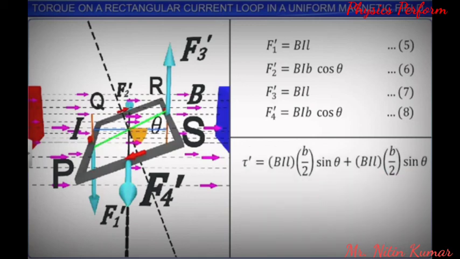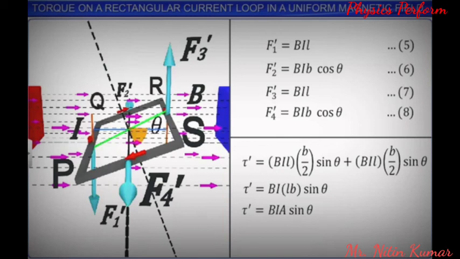Replacing L into b with area of the loop A, the torque on the loop tau dash is equal to BIA sine theta.